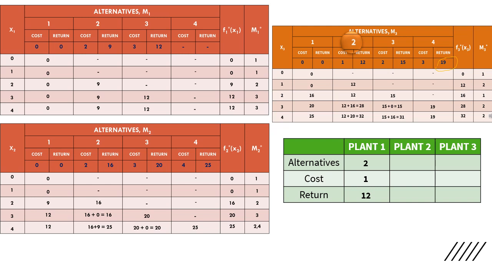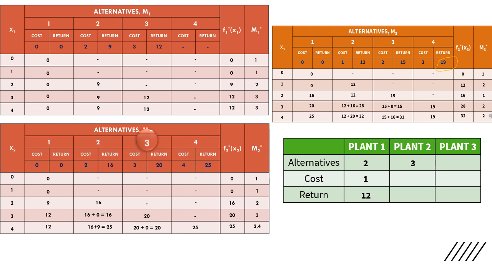So in 32, the 12 crores return has been removed. So the remaining 20 crores will be returned from other stages. So the next stage is 20 crores. This 20 crores is in the next table, that is the M2 table, which says alternative 3. So the best alternative for plant 2 is 3.